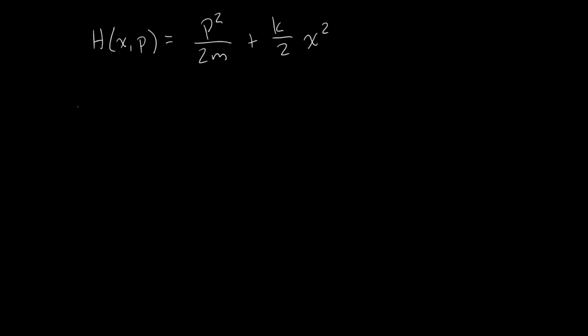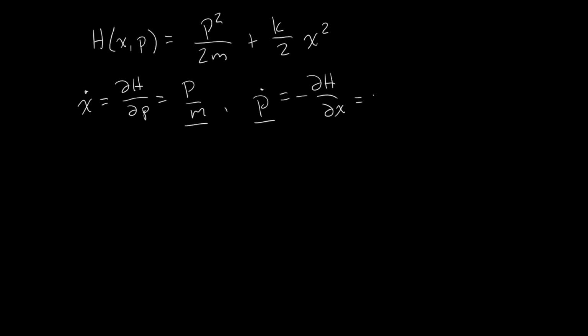We can write down Hamilton's equations of motion: x dot equals dH dp, which is of course just p over m. We have p dot equal to minus dH dx, but p dot using this equation we also know is equal to m x double dot, and taking this derivative we get minus kx. So this is our equation of motion for x, and then we can use that to find p using the other equation of motion.